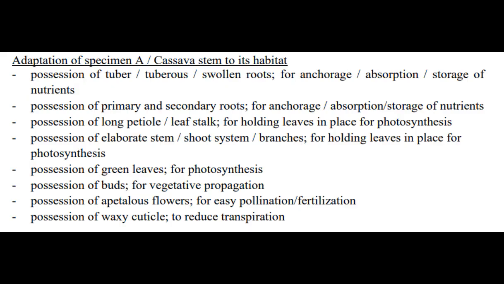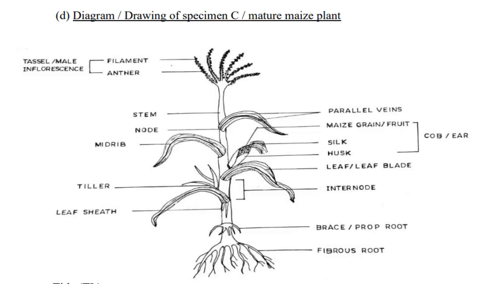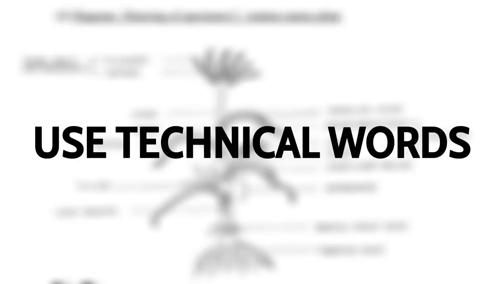You can defend yourself about that, but you can't defend yourself that you saw the chitin. So just write "presence of exoskeleton". That's simple. These are some of the key words that students get wrong. And please remember to use technical words when you're writing biology practicals. Technical words are also advisable.